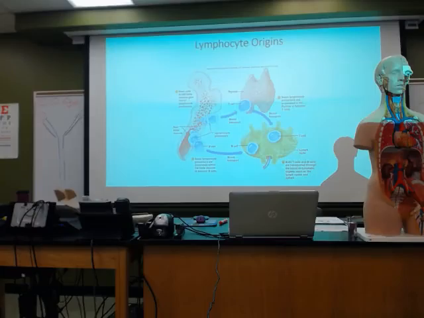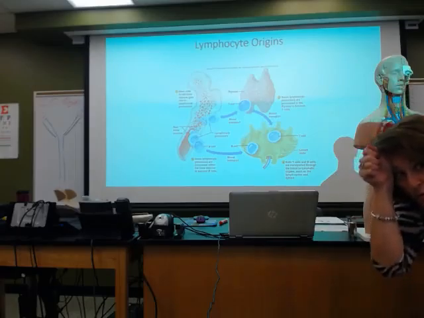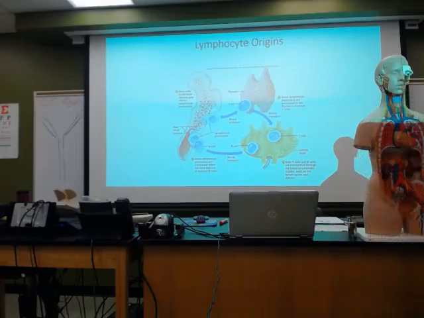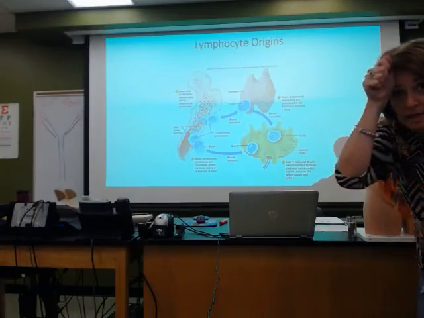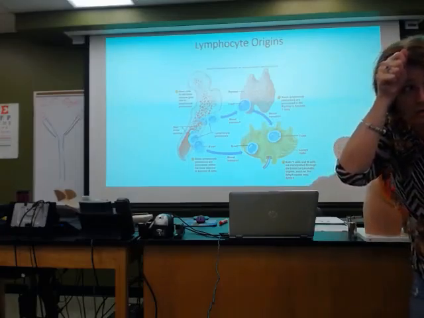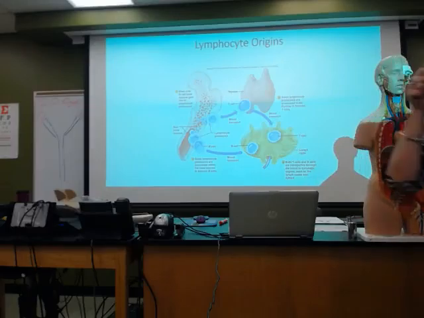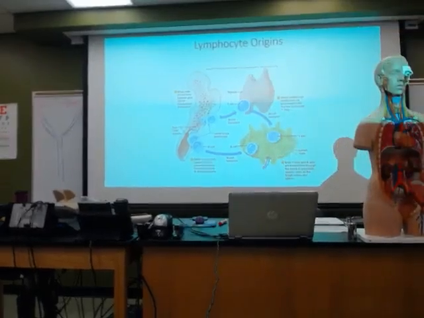In these 2 nodes, if we haven't mounted an attack before, T cells are going to be activated because they have been presented with that little piece of antigen. Is everybody following me? So in 2 of those nodes, T cells have been presented with that antigen.